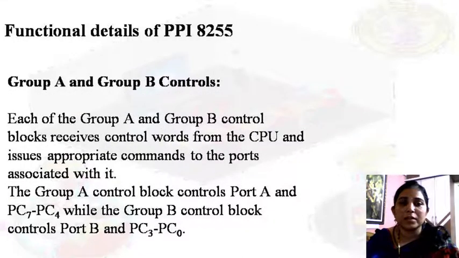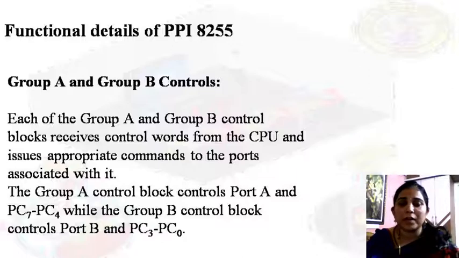Each of the group A and group B control blocks receives control words from the CPU and issues appropriate commands to the ports associated with it. Which are the ports associated with the groups?